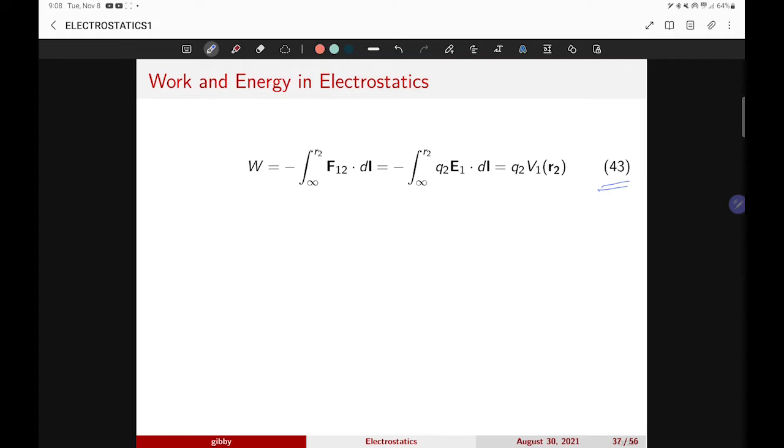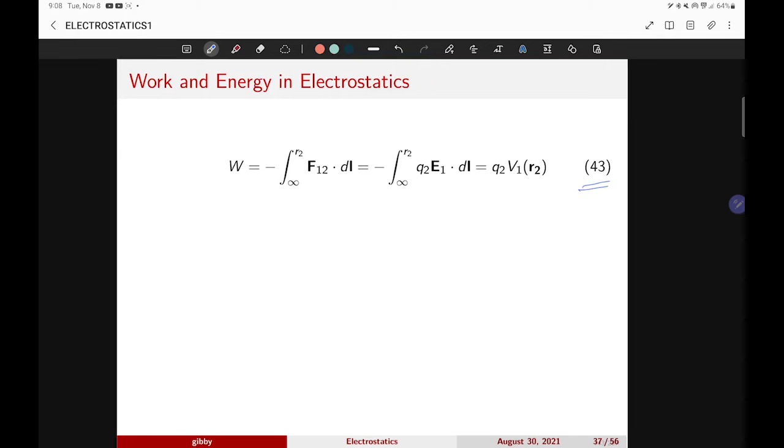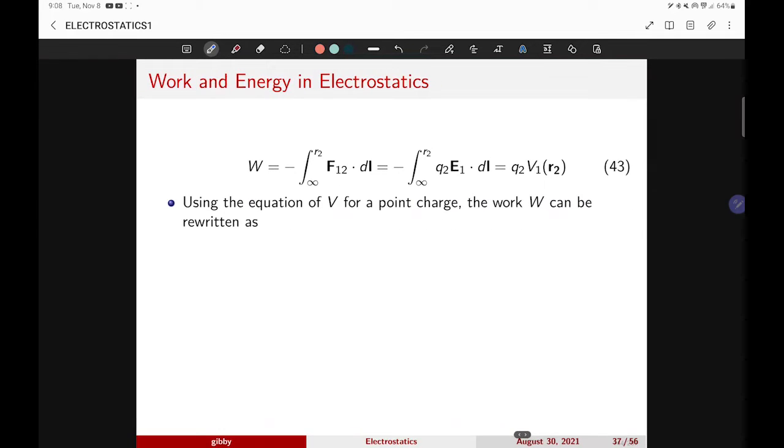From equation 43, using this equation of V for a point charge, the work W can be rewritten as this one.